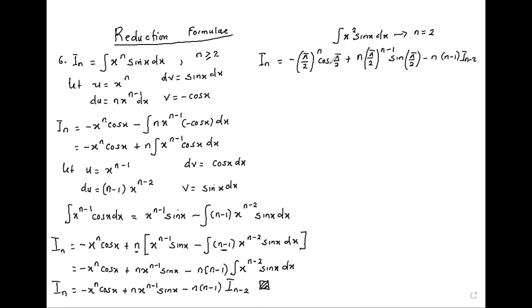But funny enough, this guy at 0 is 0. So it's like we just have n (pi over 2)^(n-1), and then that is 1. So minus n(n-1) I_(n-2). So this is the reduction formula.